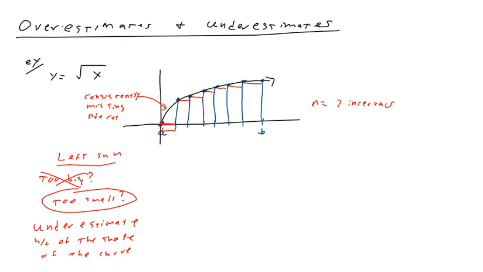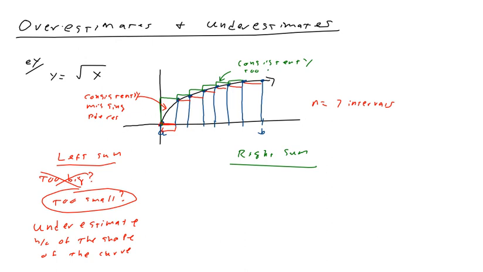Whereas if I try to do my right sum, my right side is always going to be too big. Consistently too big.